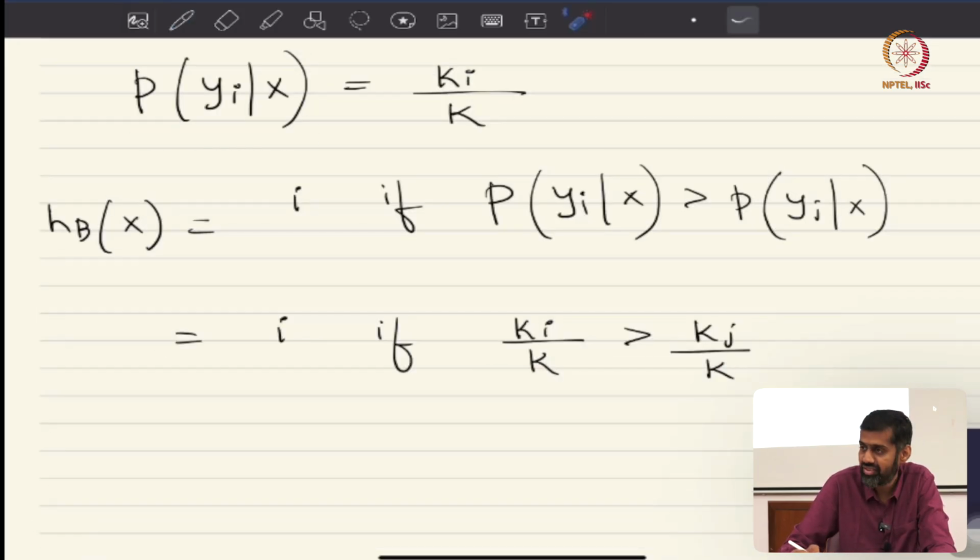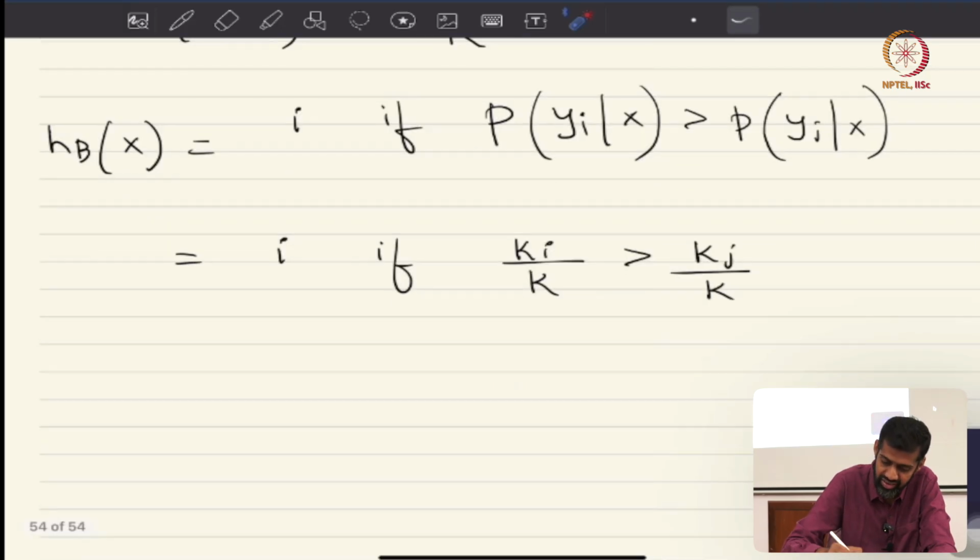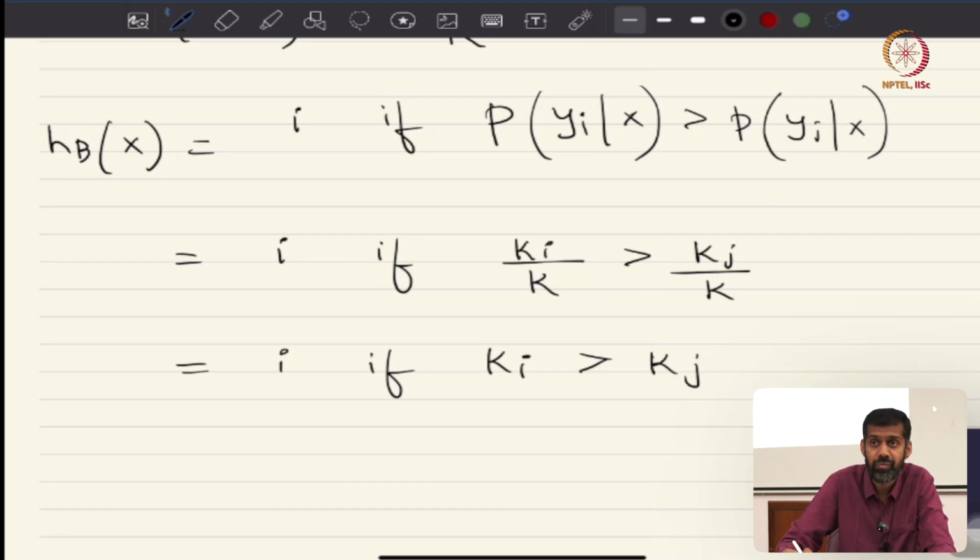So I can leave k, and write the class is equal to i if ki is greater than kj. Now what is this? Given a point x, what am I doing?